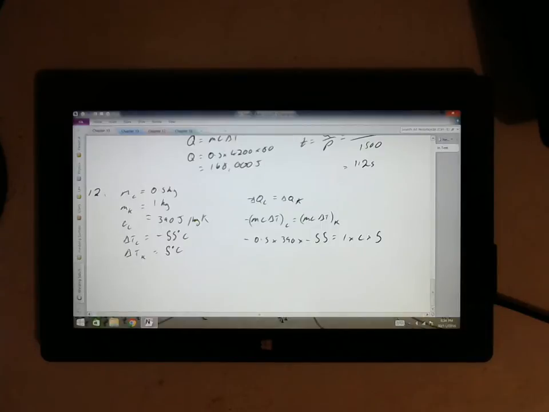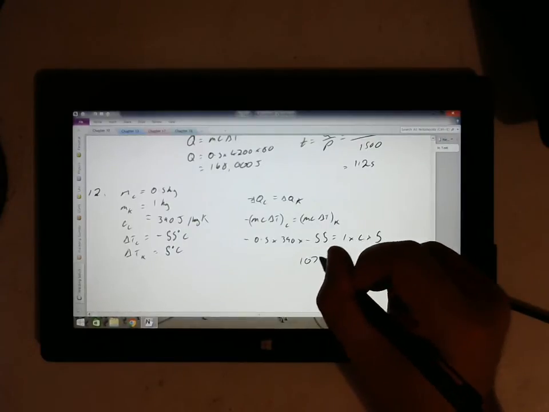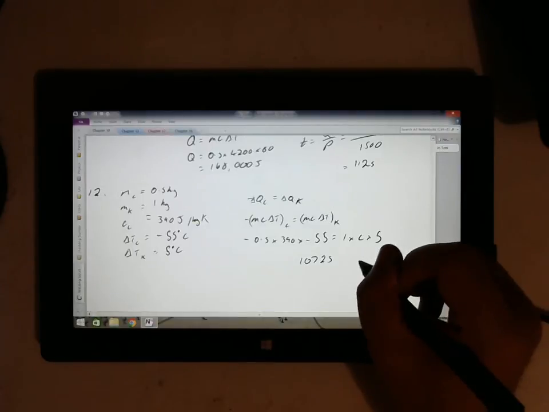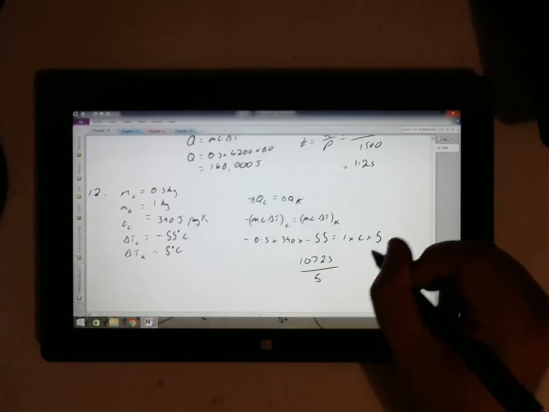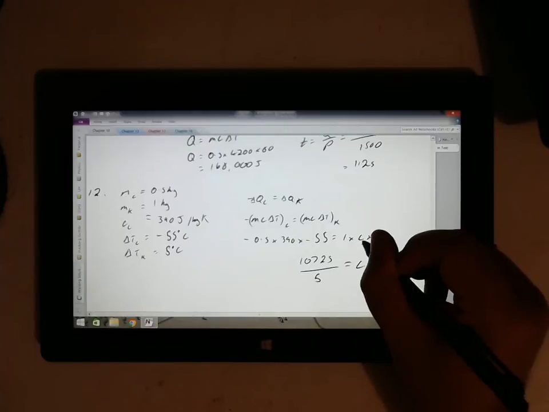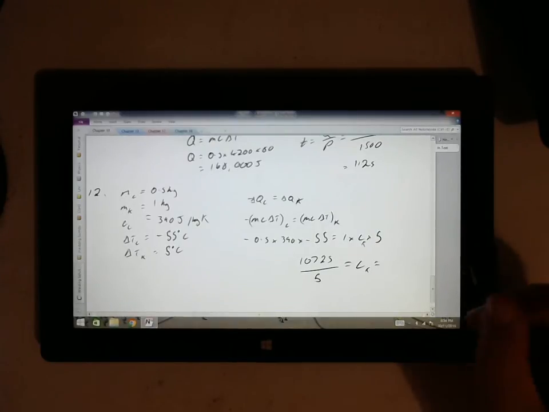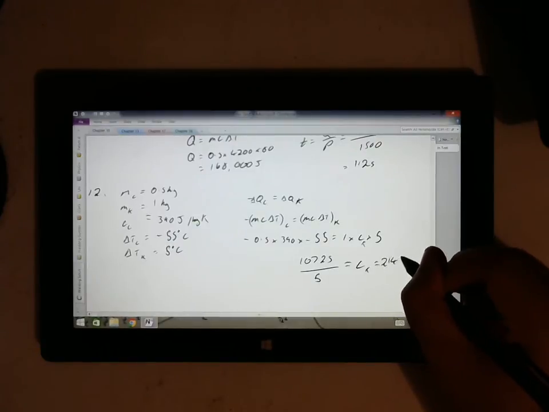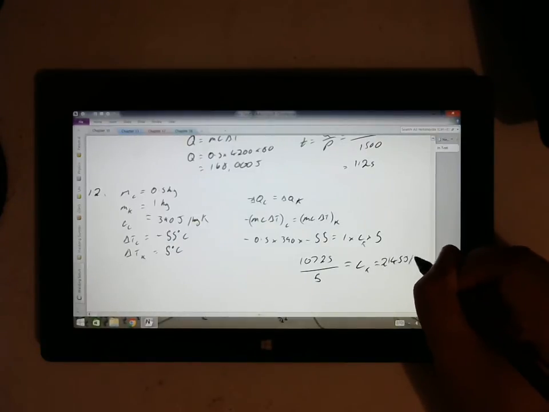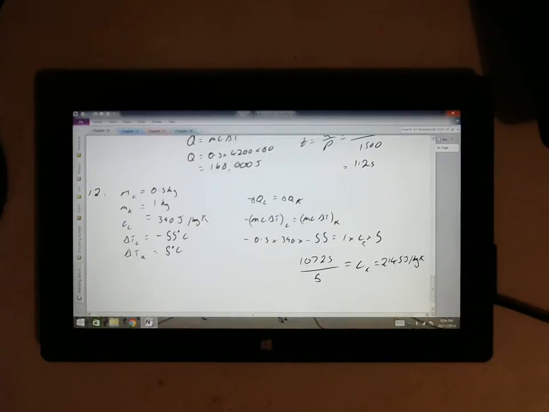We're going to get 0.5 times 390 times 55, 10725, divide that by 5 because that's over there, equals the C of kero, 2145 joules per kilogram Kelvin. Don't forget your units.